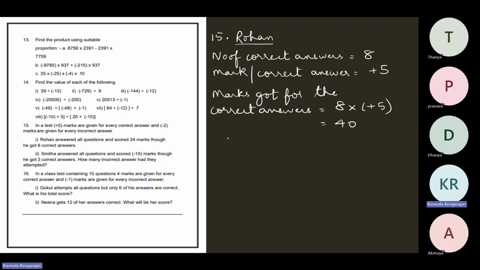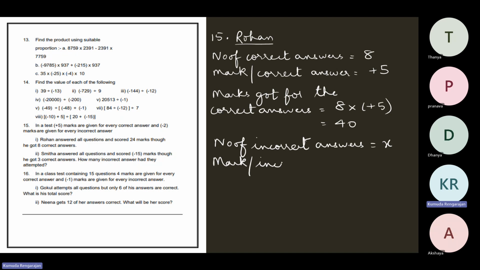Now, how many questions has he answered incorrectly? We don't know. So number of incorrect answers, we don't know. So we'll take this as X. This is the mark lost for every incorrect answer.